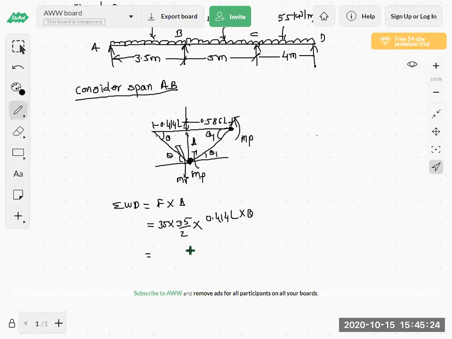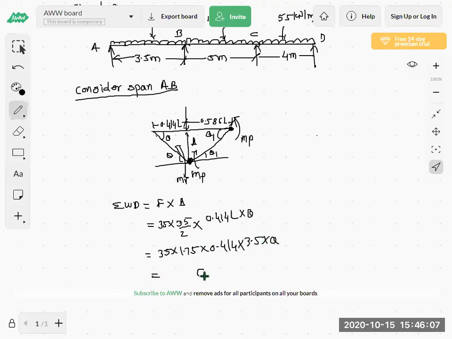So tell me the value in terms of L theta. Here L is given, L is 3.5. So this is 35 into 3.5 by 2, which is 1.75 into 0.414, and L is again 3.5, into theta.